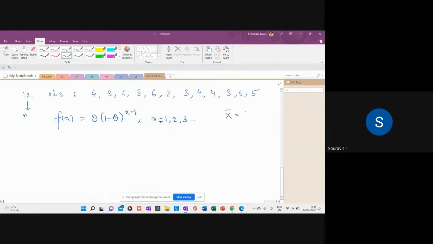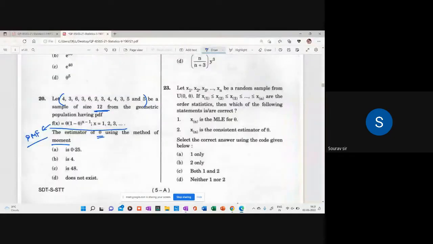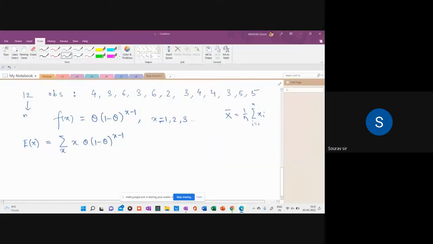X bar is 1 by n summation Xi. This is the formula of X bar. Now we need to find the expectation of X for this particular distribution. Let me show it. For this distribution, I am finding out the mean.